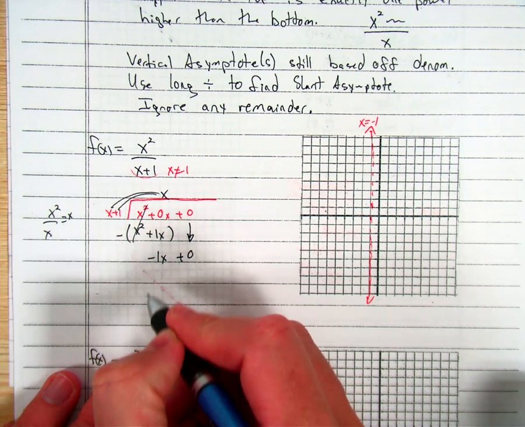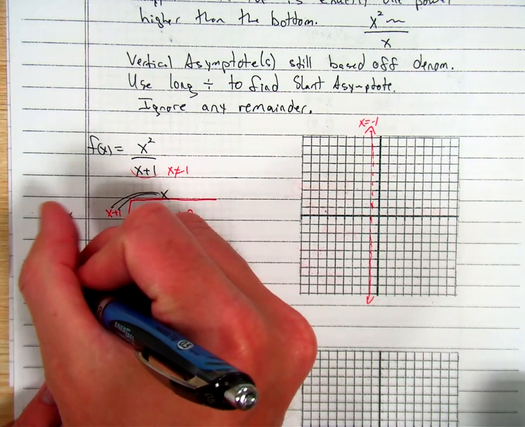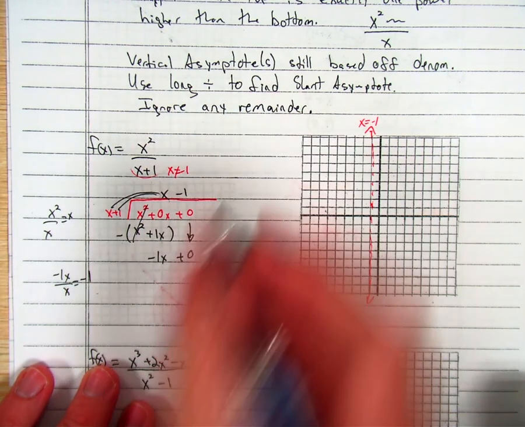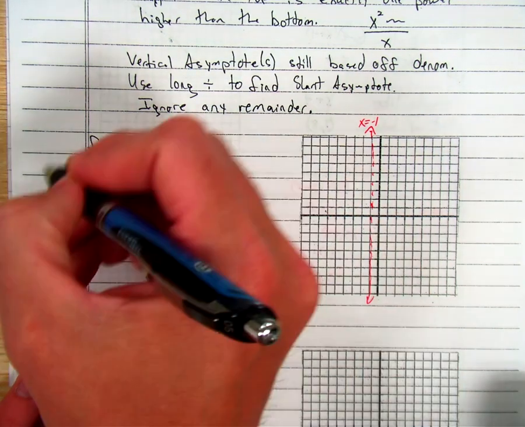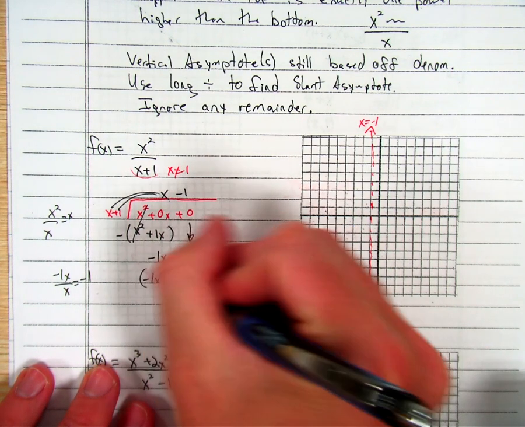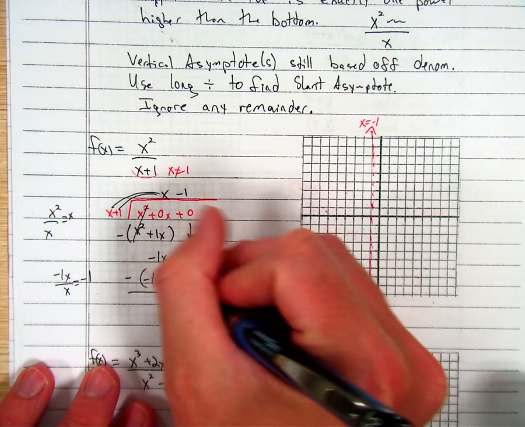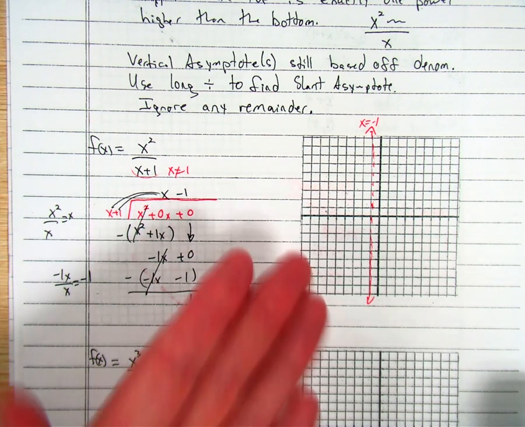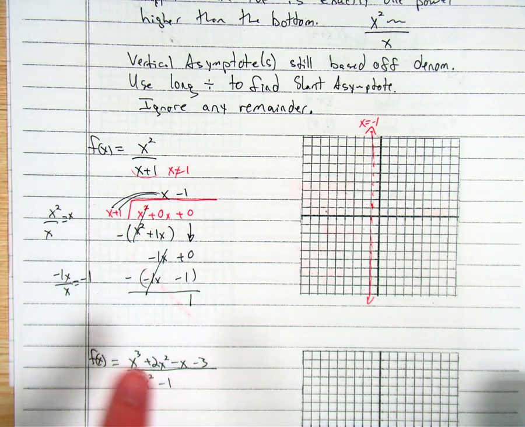Okay, now we compare the fronts again. Negative 1x divided by x equals negative 1. Multiply it back. And we subtract down. 0 minus negative is actually going to be a plus 1, but we don't have anything left. So that's technically the remainder.